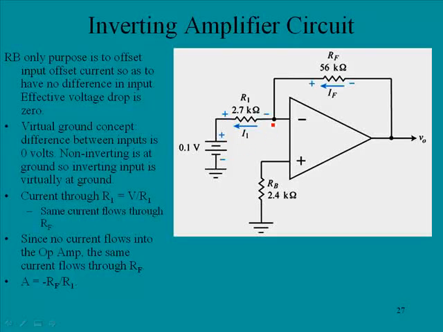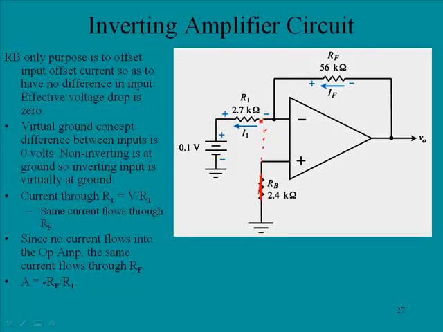So since this can be ignored, and since we have the concept of a connection between here and here, the input is at what we would call a virtual ground. And so this voltage will appear across this resistor.